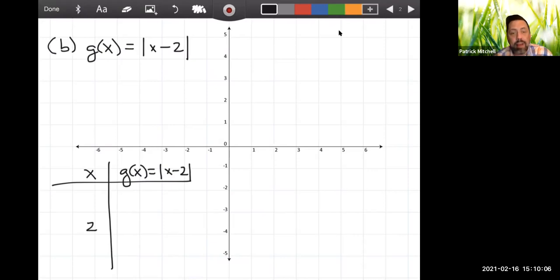So I want to pick some numbers that are less than 2 and some numbers that are bigger than 2. So how about 0, 1, 2, 3, 4? That should be a good enough variety of numbers. Next, I'm going to make my 5 copies of the function, leaving out the x.